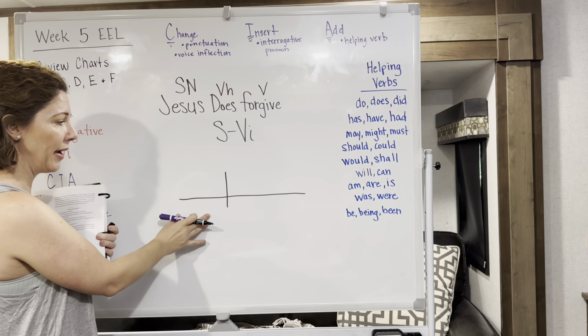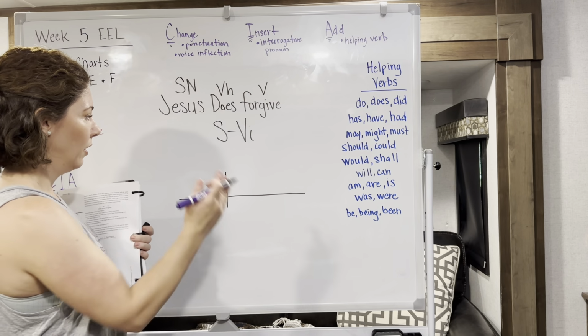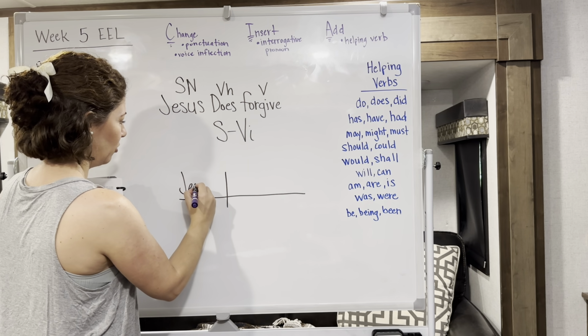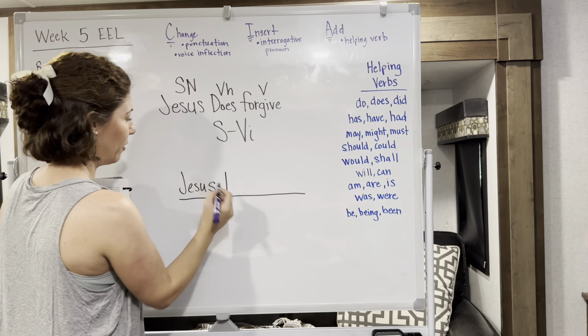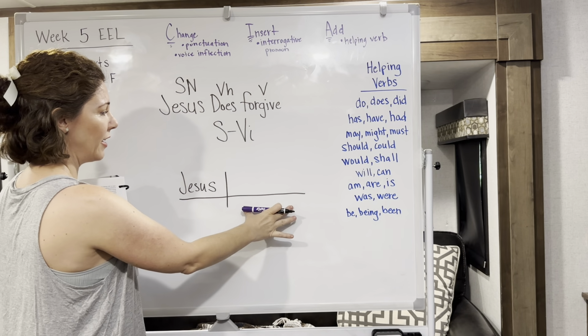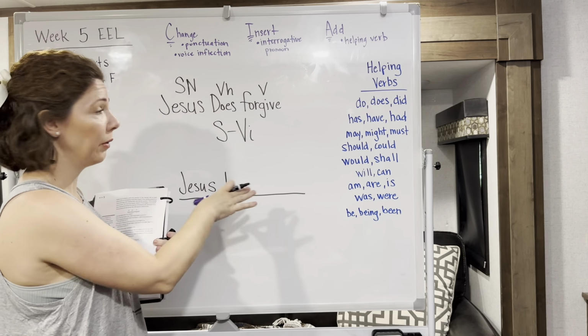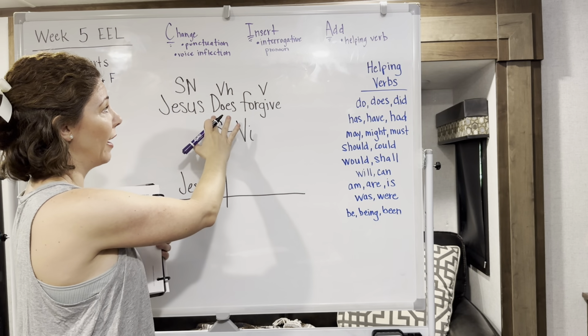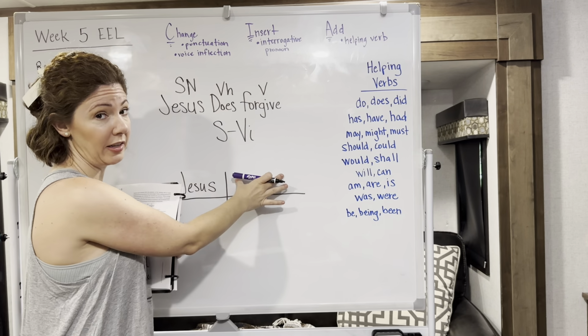So in our first space, we remember our subject is going to go here. So we have our subject, Jesus, in our first space, and then our second space is designated for our verb. We said when we're diagramming a helping verb and a verb, they're going to stick together.